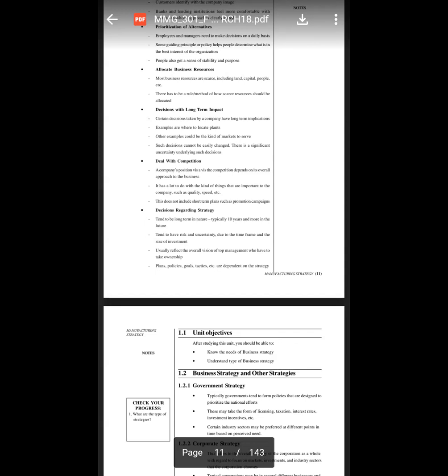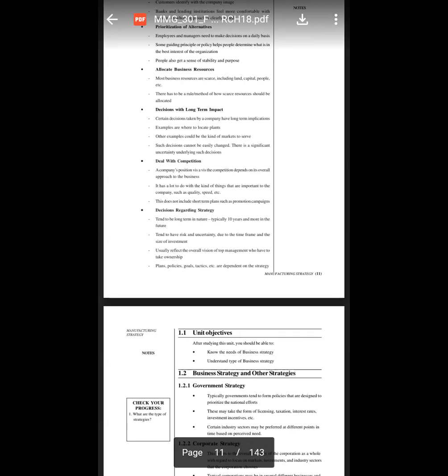Okay, now as in the book they have written, the uncertain circumstances. Yes, definitely there will be uncertain circumstances. Why? Because whenever we are selling any kind of product to any area, there will be some kind of activities which are not in our hands.